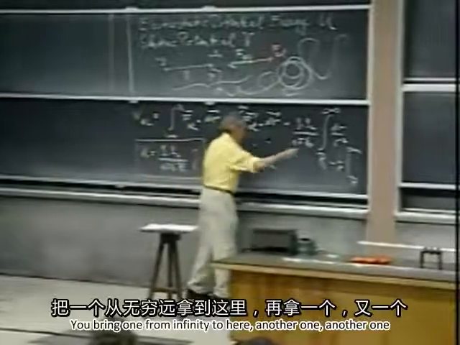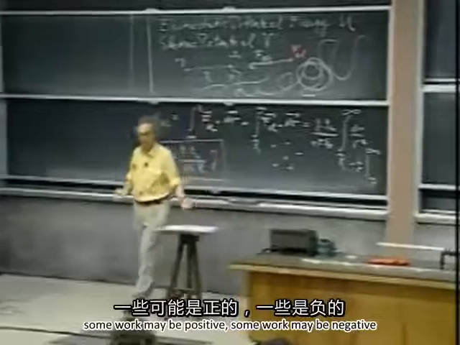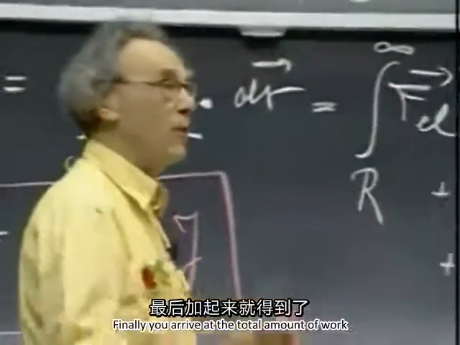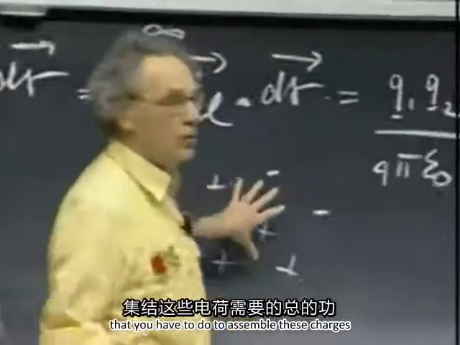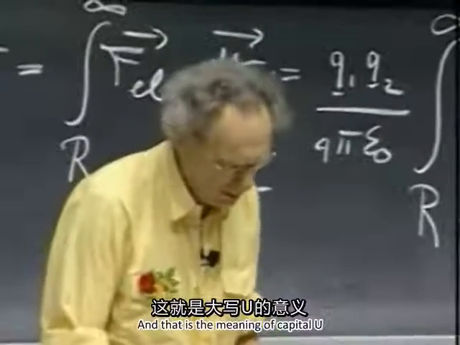You bring one from infinity to here, another one, and you add up all that work. Some work may be positive, some work may be negative. Finally, you arrive at the total amount of work that you have to do to assemble these charges. And that is the meaning of capital U.